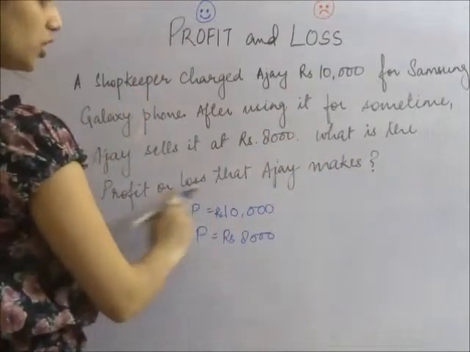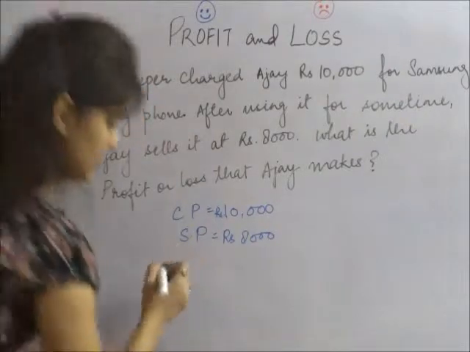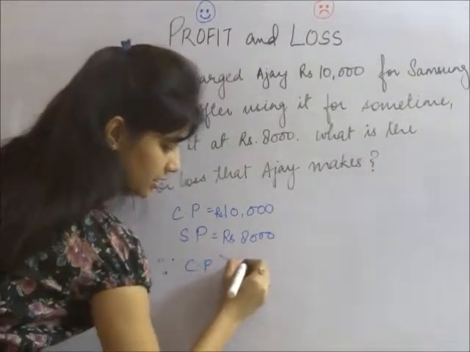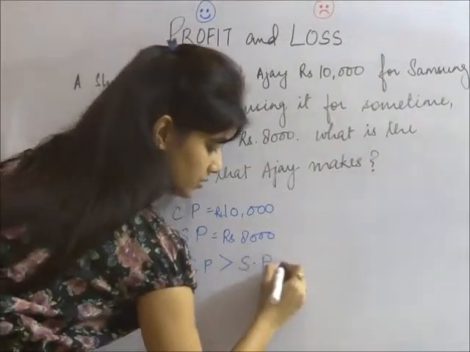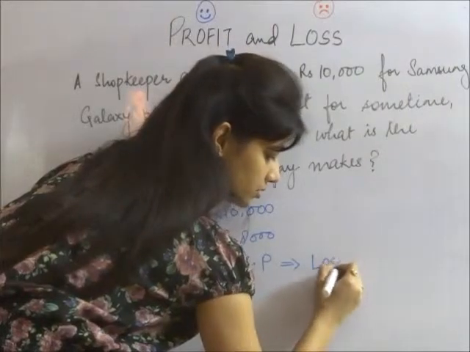What is the profit or loss that Ajay makes? Now clearly, since cost price is greater than the selling price, Ajay booked a loss.